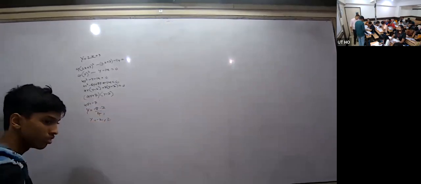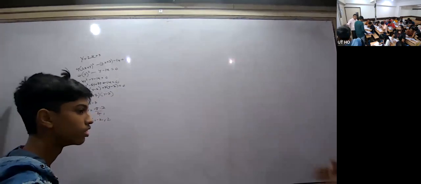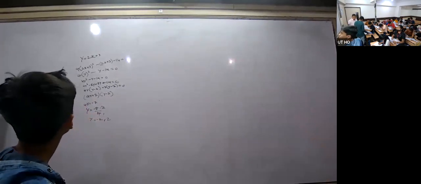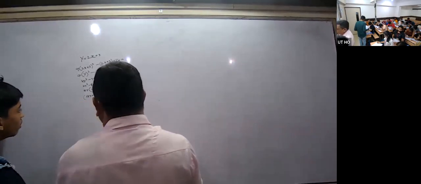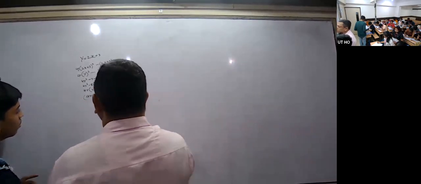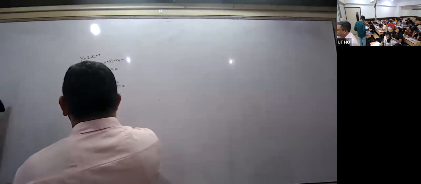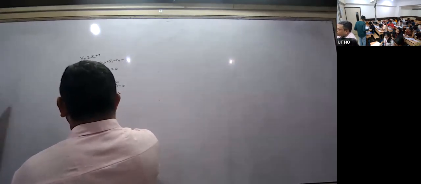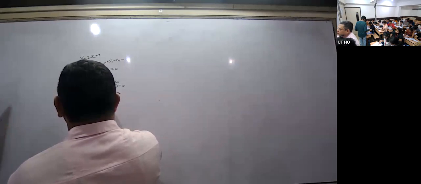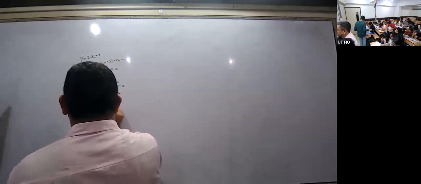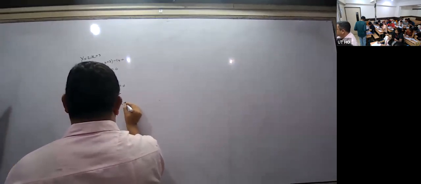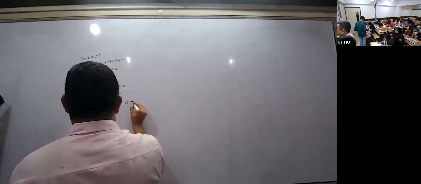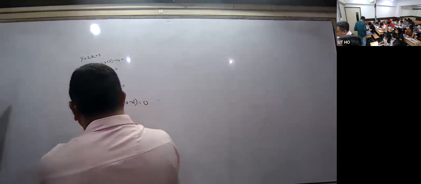Following and do it now, split the middle term, replace y and do it. What happened? Problem? Why do you have to find out the value of x now? Replace. What all values we got? Y is equal to. Here if I solve for x now, simplify it.